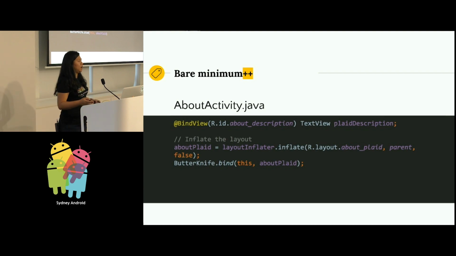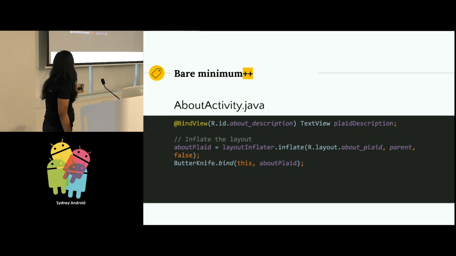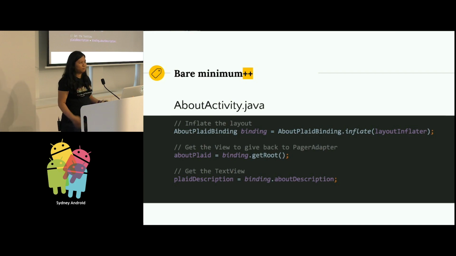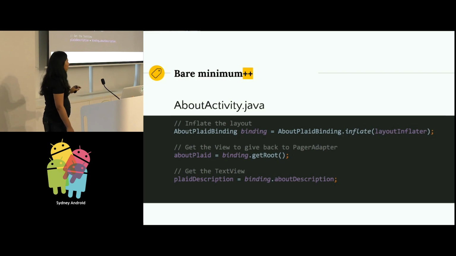To use our newly converted layout file, you just use the generated binding file and inflate it, and then you have access to all the views within that file. So it's pretty similar. You actually don't need to get the text view in this case, like the description, but it's a step-by-step process. The IDs in the generated file will match the IDs in your XML file.